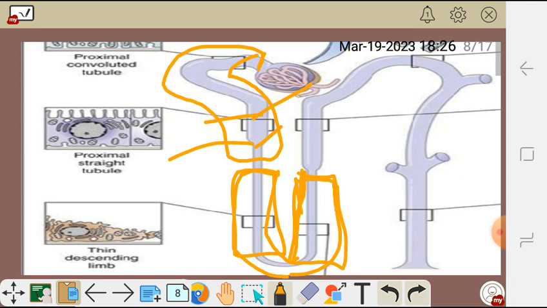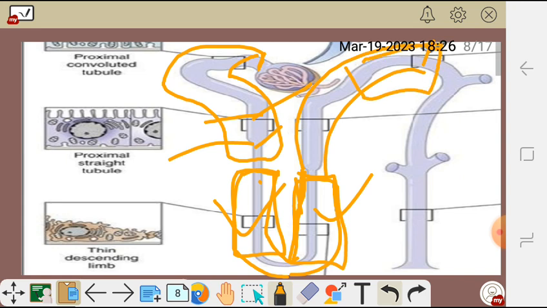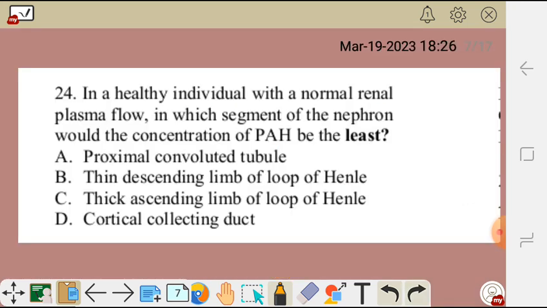But as you go down, the concentration is increasing, here it is also the same, and then in the distal convoluted tubule, here it must reduce. But in our choices here, we do not have the distal convoluted tubule, we only have the thin descending and thin ascending limbs, and also the cortical collecting duct.